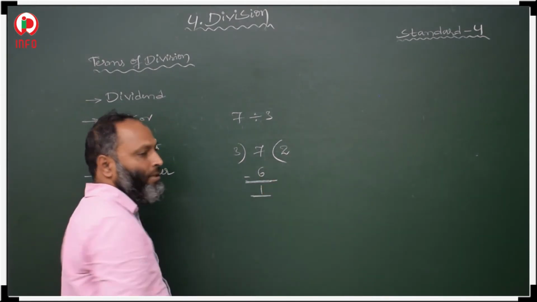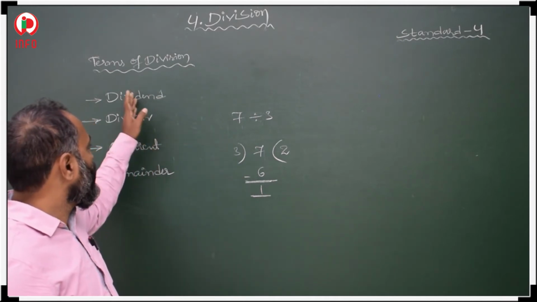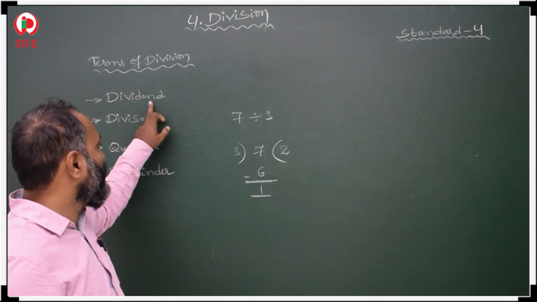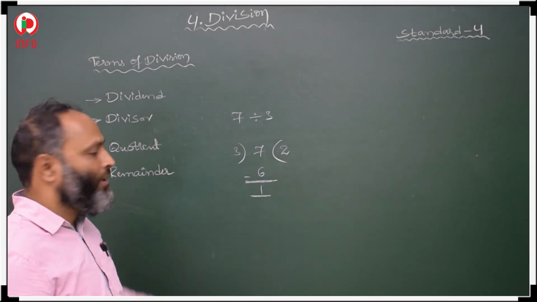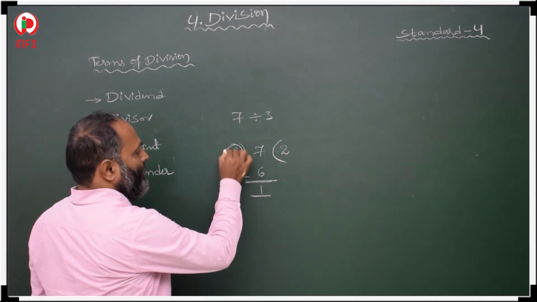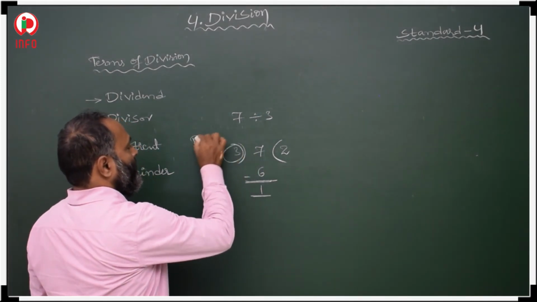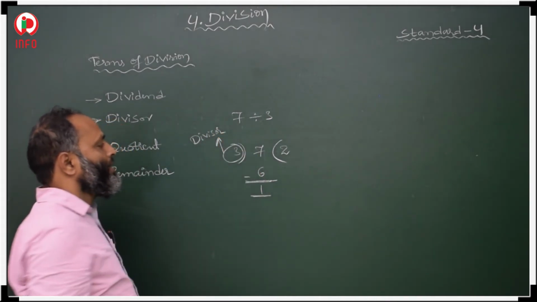So this is the remainder. Now in this, what are the 4 terms? What is the dividend, the divisor, the quotient and the remainder? Here this one is the divisor.